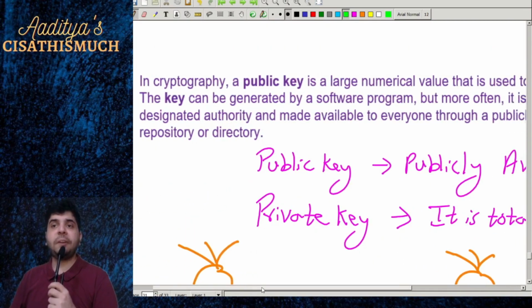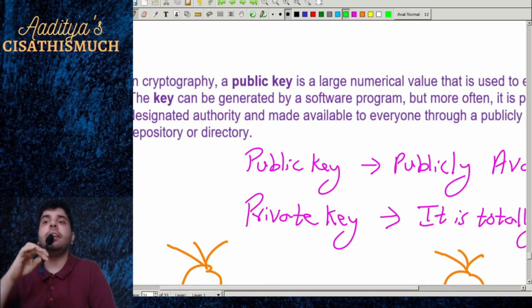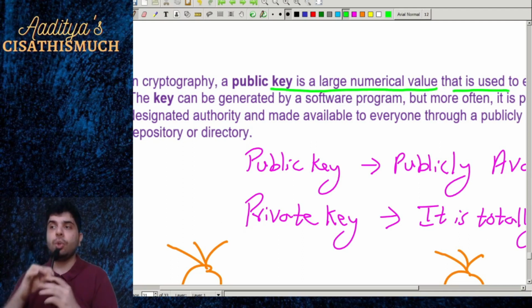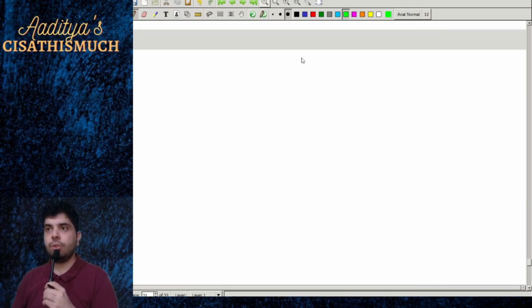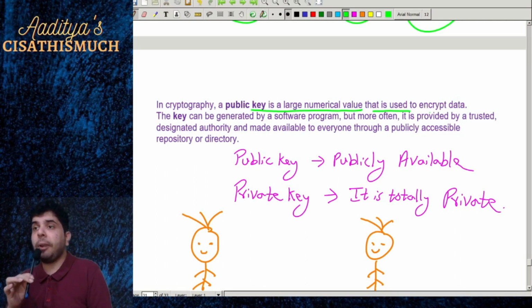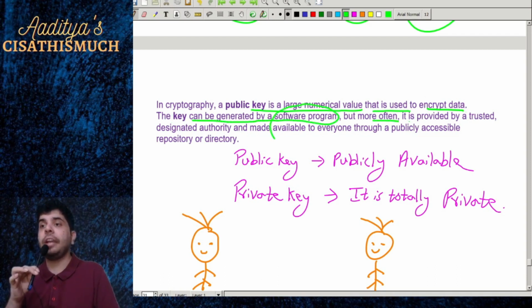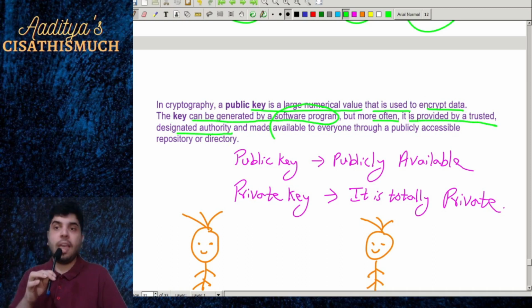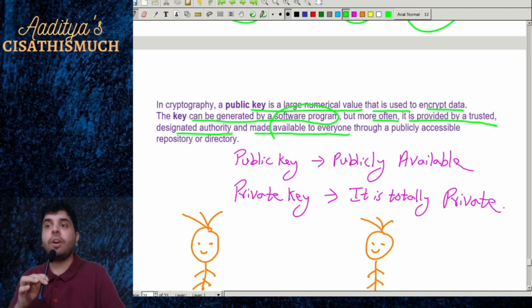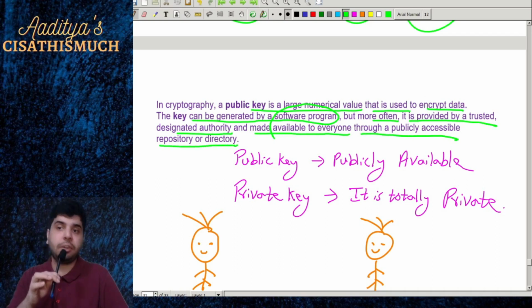In cryptography, a public key is a large numerical value that is used to encrypt data. The key can be generated by a software program, but more often it is provided by a trusted designated authority and made available to everyone through a publicly accessible repository or directory.